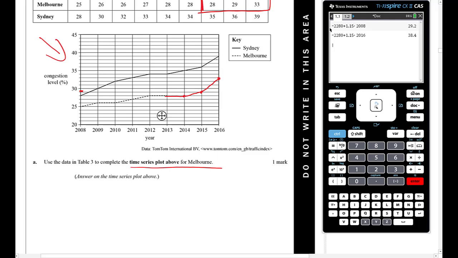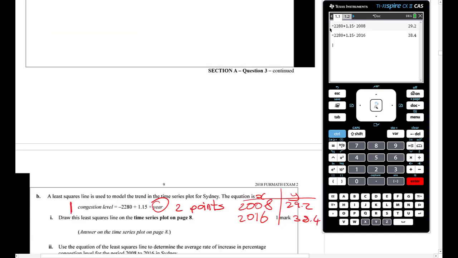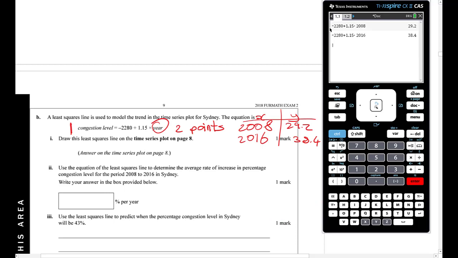Then you'd get your ruler, which I don't have with me. I could use something, but just for the sake of this, I'm going to say something like that. You would actually draw it better than that, clearly. So make sure you've got a ruler. Okay, so that's your trend line. You draw your least squares line on there, and that would be your answer for that.